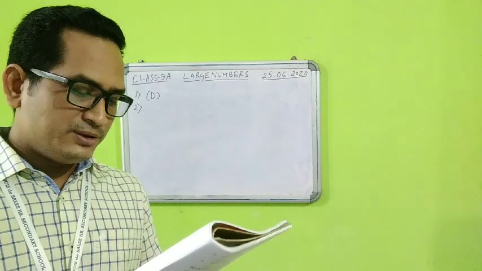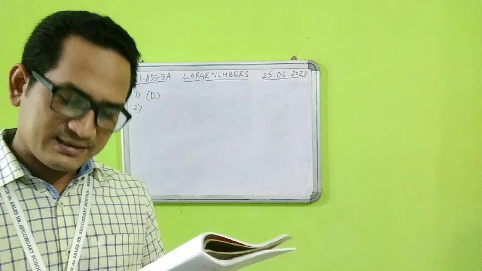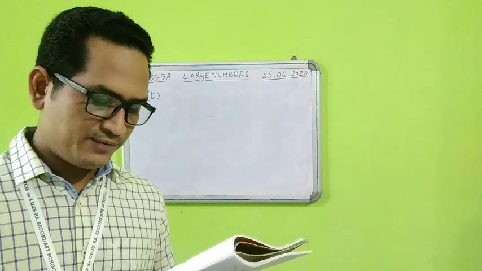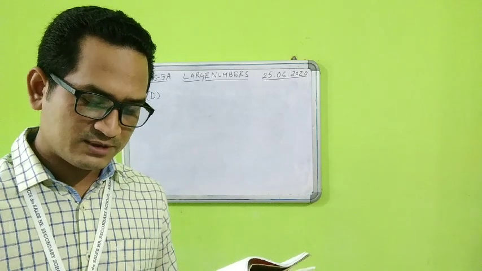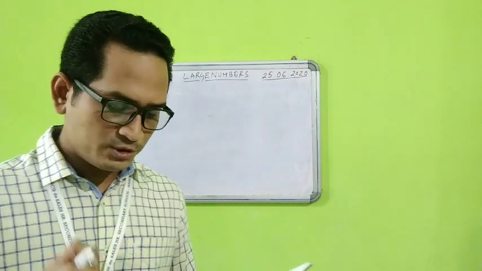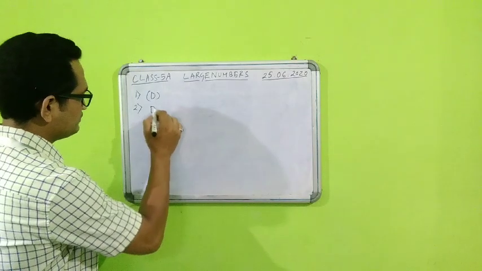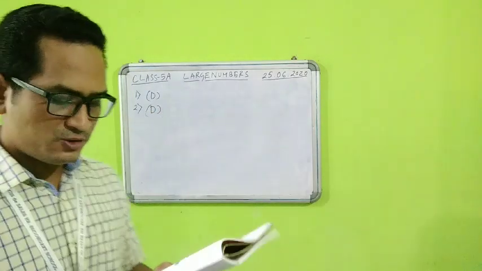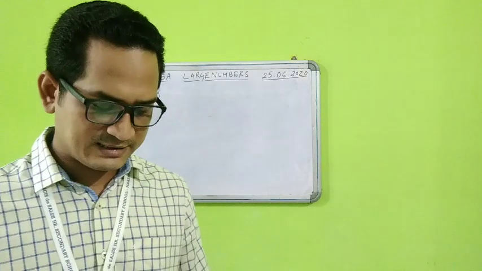Number 2, the numeral for 1,25,132 is. For question number 2, if you see option D, that is 1,25,132, which is matching with the number name. So question number 2, the correct answer will be option D. Here also option D is correct.